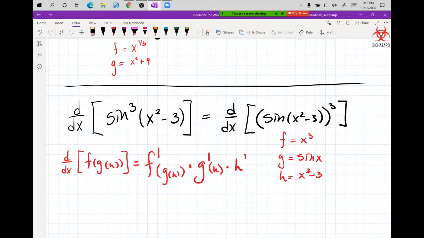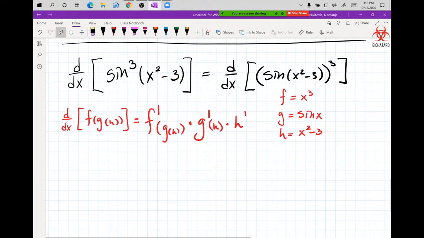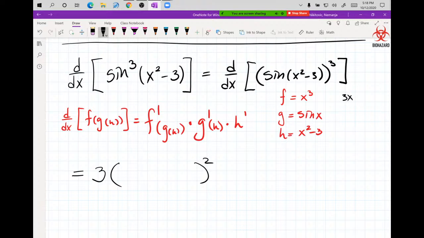What we do is we take the derivative of the outer function. In this case, that's going to be 3 of something squared, right? Because the derivative of x cubed is 3x squared. Now, we don't plug in x. We plug in the whole, what I call guts, all right?